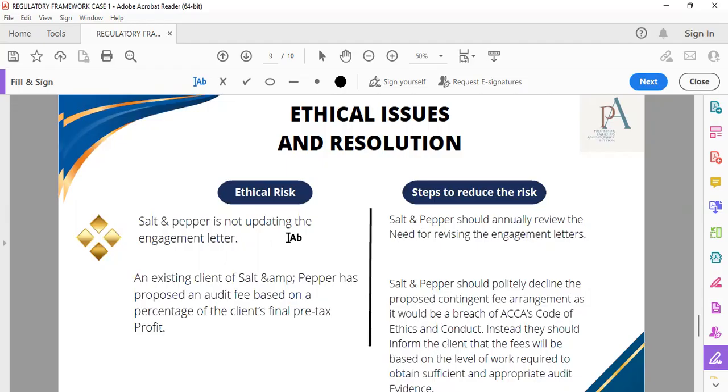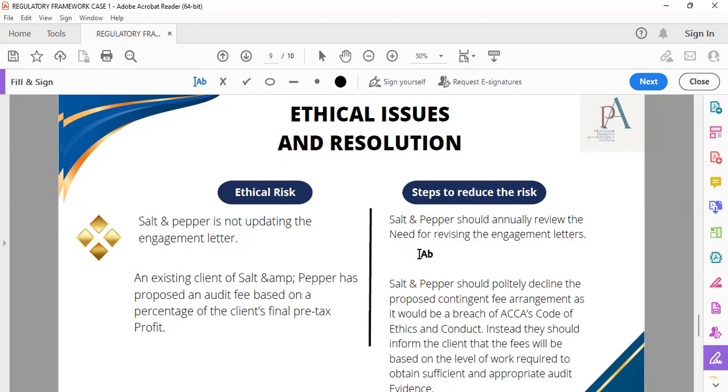So if the basis of a contract for an audit assignment is not well defined, then you cannot expect the audit to be conducted properly. Some of the things in this engagement letter may not be applicable to this audit. So what they should do is to review their engagement letter for every audit assignment.